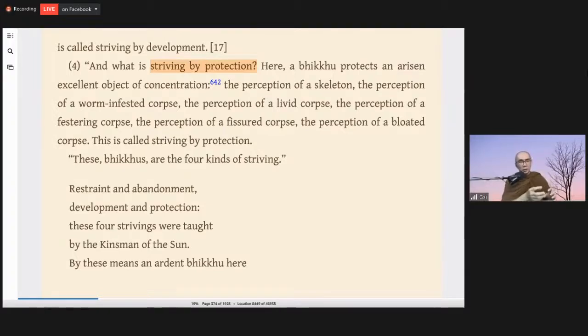It's a good offshoot, in the sense that you just be aware of it, skeleton, skeleton, skeleton, and don't attach to it, and then you go back to your rising, falling, or sitting, touching, and so on. But this one is different.